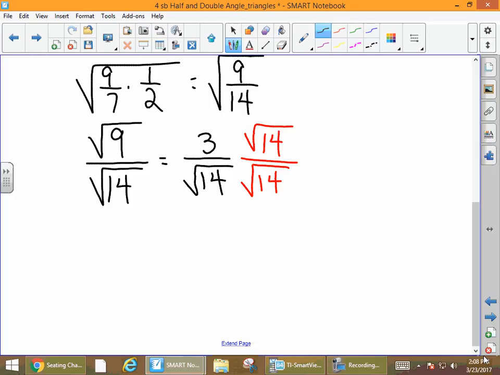And what we end up with is 3 times the square root of 14. 14 times 14 is 196. But if we take the square root of 196, we still get 14. We have 2 of the same to take out 1. And that is our sine of theta over 2. It is positive because our function ends up in quadrant 1.